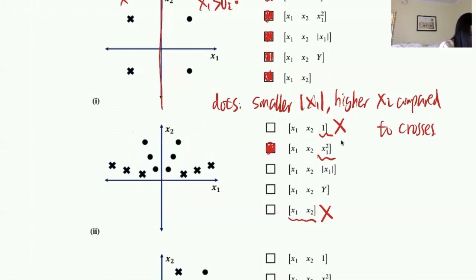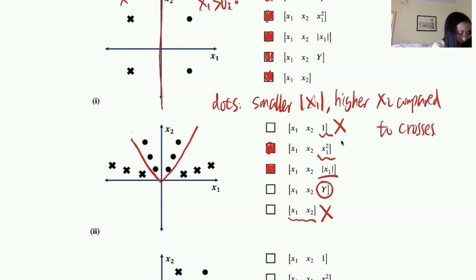Then if we include the absolute value of x1 as the feature, it means that our decision boundary can be like this. Then we can see that it also enables us to classify this data. So this is also a valid choice. Then in the fourth option, note that we also include the ground truth label as a feature.